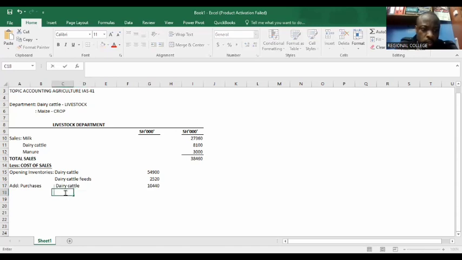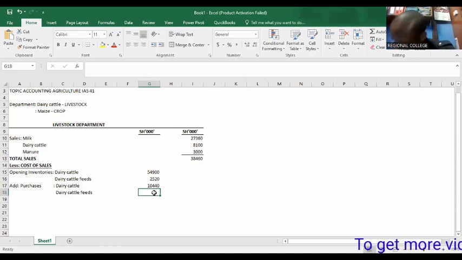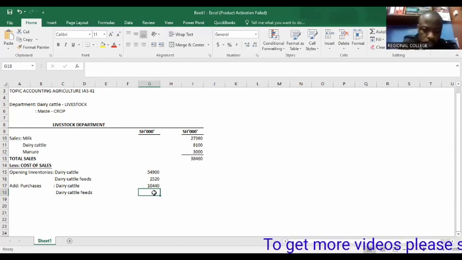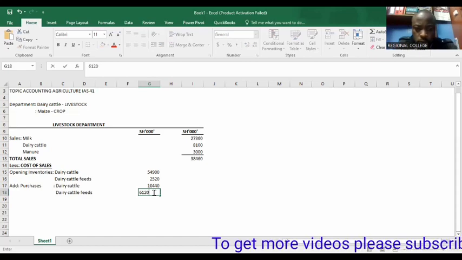Then after 10,440, we have dairy cattle feeds. Dairy cattle feeds of how much? 6,120.